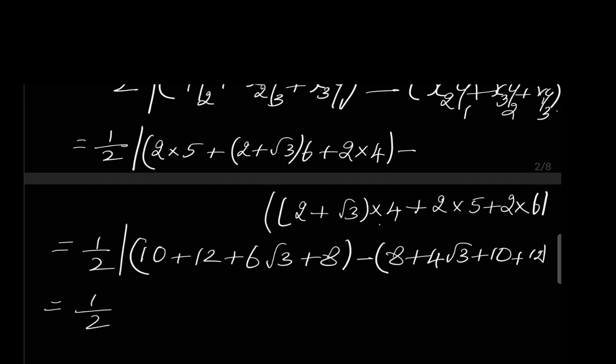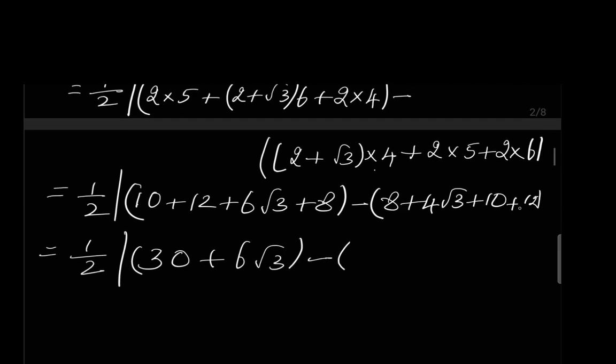So half, just add the whole numbers here. 10 plus 12 is 22, 22 plus 8 is 30, plus 6 root 3, minus: 10 plus 12 is 22, 22 plus 8 is 30, plus 4 root 3.